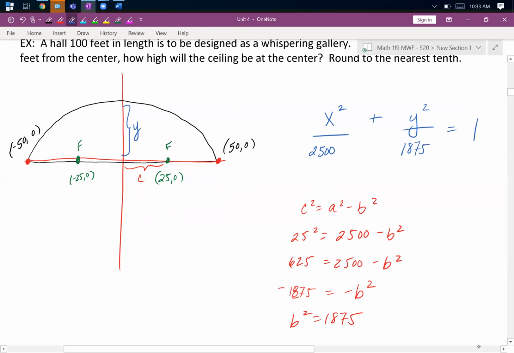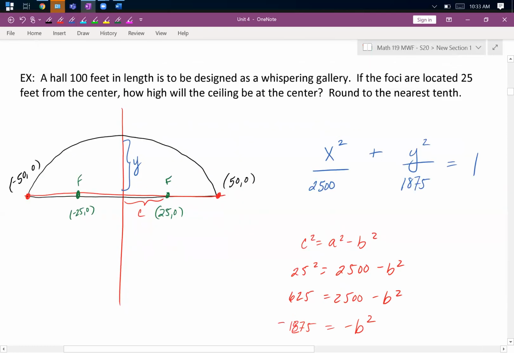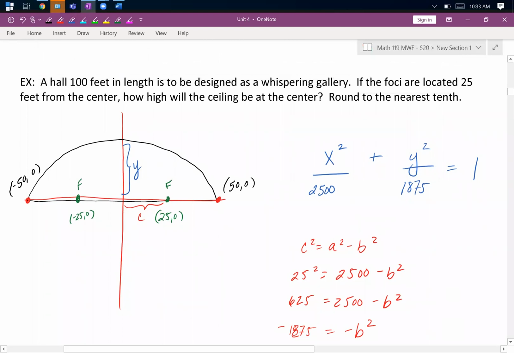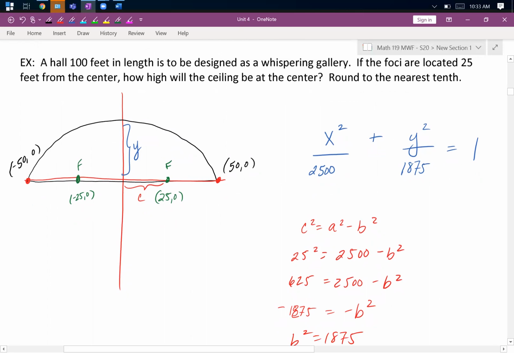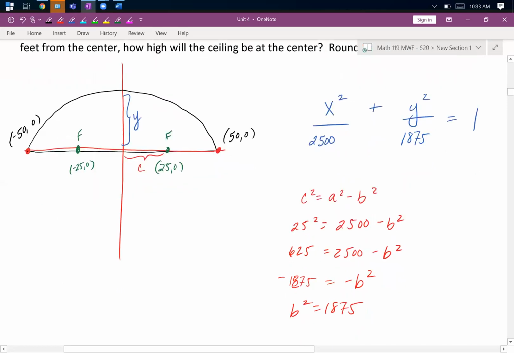So that's our equation, but we still have not answered the question quite yet. It wants to know how high the ceiling is going to be at the center. What's it going to be? How do we know? The square root of 1875. Yeah, it turns out this is actually our b value.